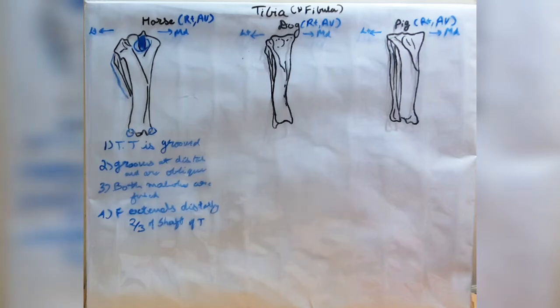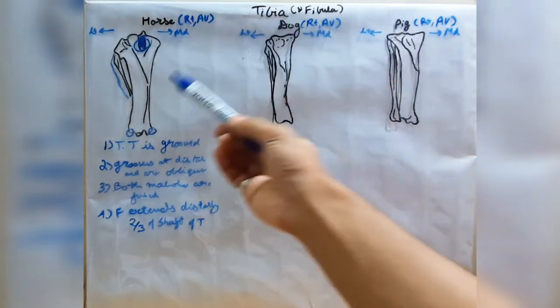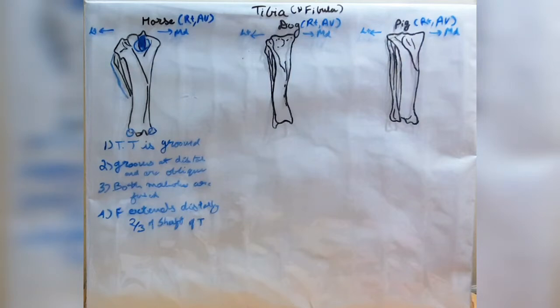So all three of these bones are of the right side, and the view is anterior view. This is the medial aspect, and this is the lateral aspect. I've shown it here. Okay, so fibula is present at the lateral aspect of tibia in all the species. Okay, and in case of horse, it extends distally 2/3 of the shaft of tibia.